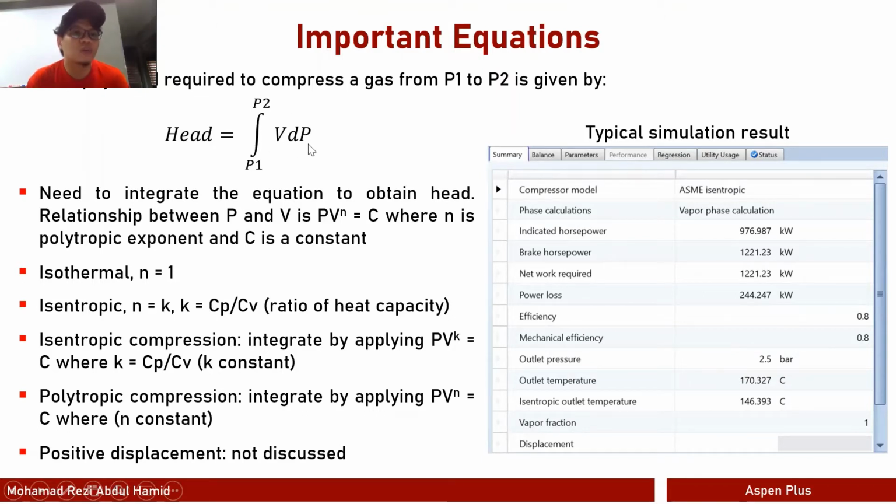When they integrate this, they take into account what type of compression you have: isothermal, isentropic, polytropic, or even positive displacement compression. By taking this into account, they integrate and get the result. And that's pretty much it.